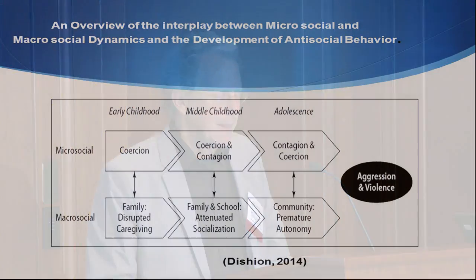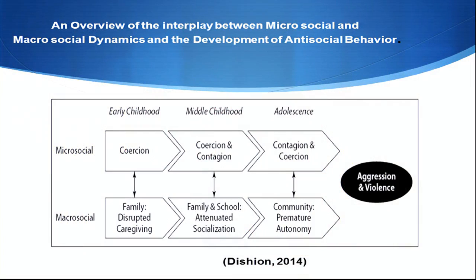Now, what are the dynamics that we know of that can lead to how peers potentially amplify some of these tendencies? How does a child that has just normal levels of defiance end up being more aggressive over time? There are two dynamics that we've studied a lot, and one is coercion, and the other is what we call contagion, which is a tendency for kids to reinforce each other for engaging in problem behaviors.